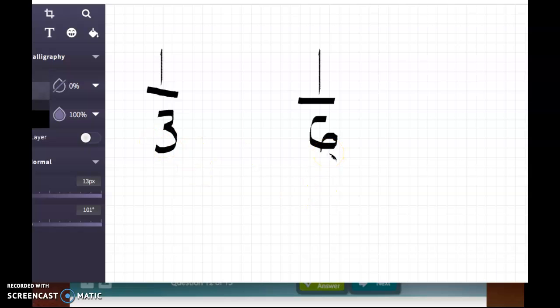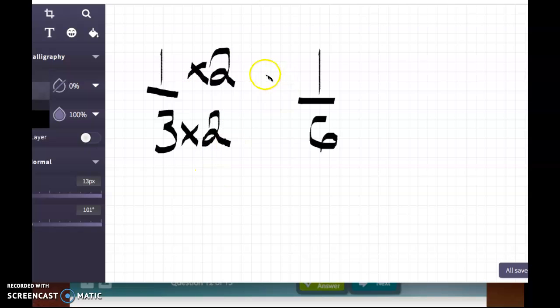But I know I can multiply my fraction by a whole in order to get an equivalent fraction. So I'm going to try to get my 3 to equal 6. And I know I can multiply 3 times 2 to equal 6. And whatever I multiply my denominator by, I have to do the same to my numerator. So I'm going to multiply this by 2 as well.